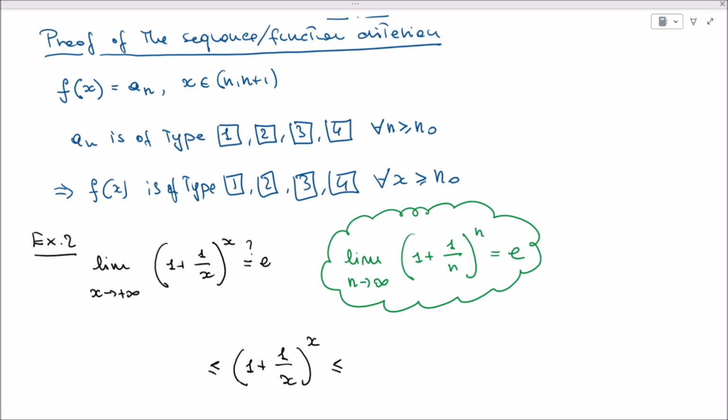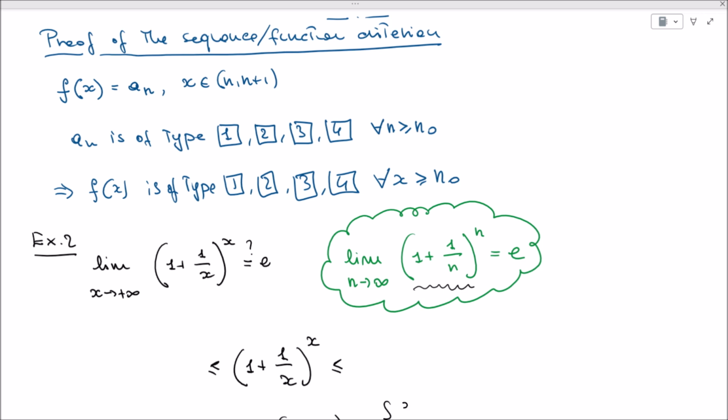And of course we want to build a term which reminds of this sequence, but a term that we know is going to be larger than this. And we're doing this for x that belongs to each interval [n, n plus 1). Okay, so we are considering now x in that interval, and remember that this implies two things.